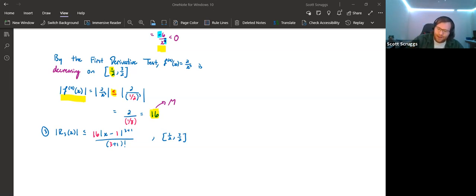Now let's simplify. That means I have the bound to be 16, absolute value of x minus 1 to the 4th power, over 4 factorial. Keep in mind that I'm working in the interval 1/2 to 3/2.